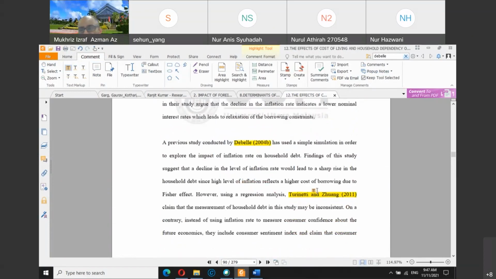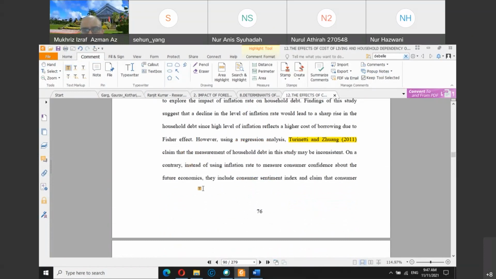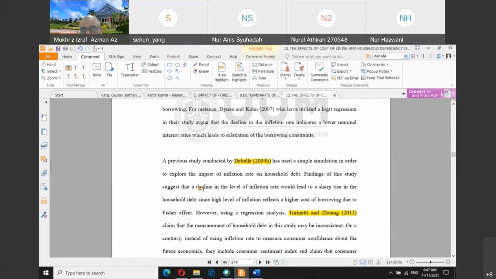So I think this is an ideal one, meaning that you cannot summarize one article in one very long paragraph, because you are summarizing too much.